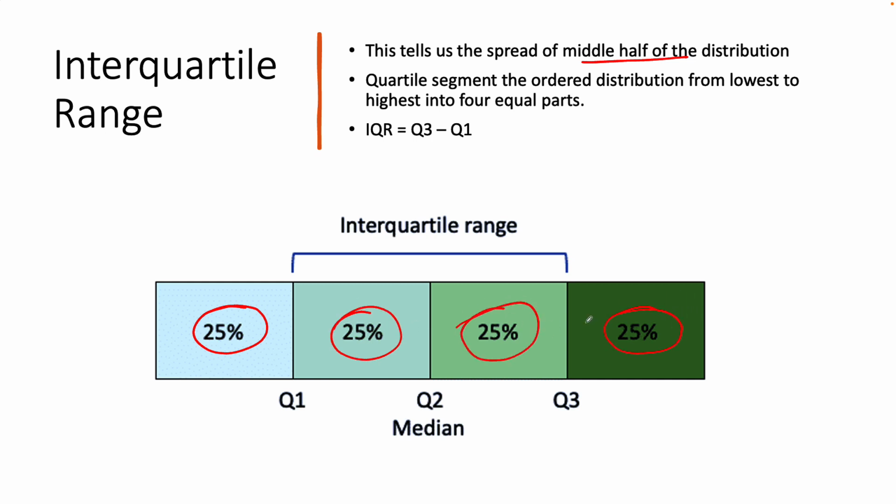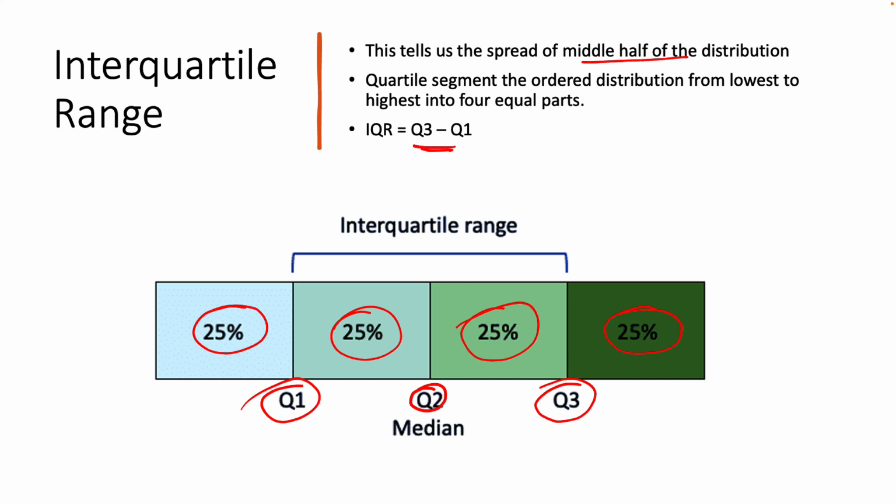The middle value on the left side part is called Q1. The middle value on the right side part is called Q3. And the overall median value in my given data set is called Q2. The interquartile range is given by the difference between Q3 and Q1. This is how we calculate the value of interquartile range.